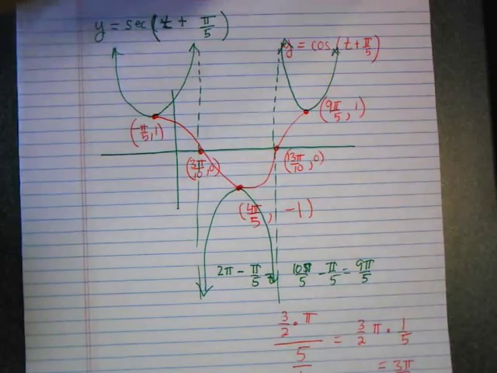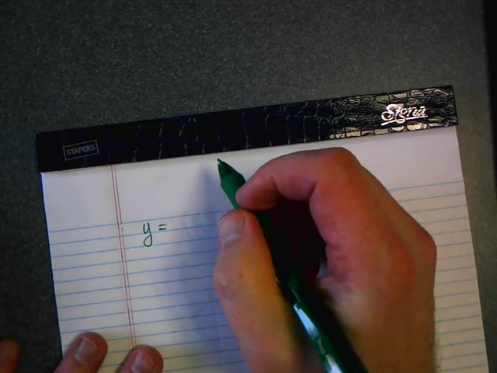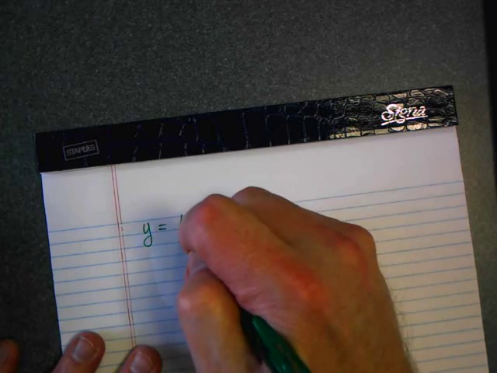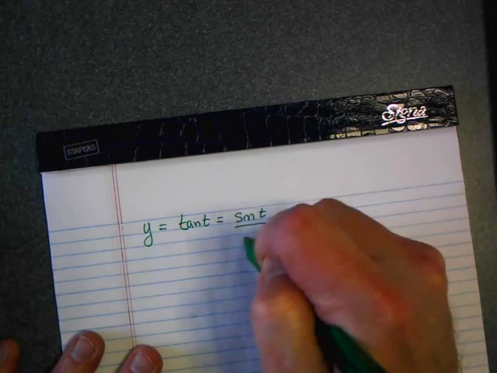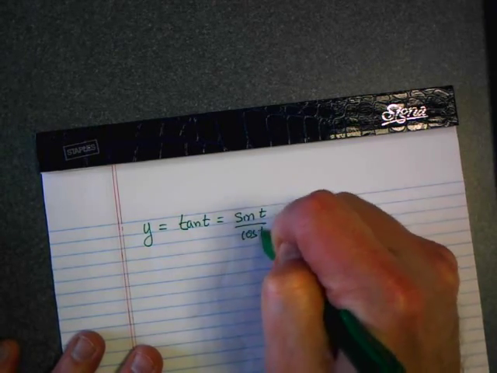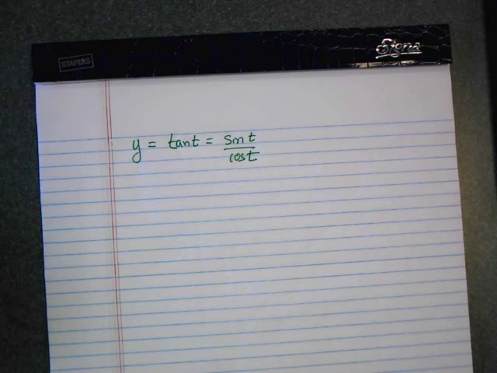Okay, so the last graphs we have are tangent and cotangent. Tangent, I remember, is sine over cosine.